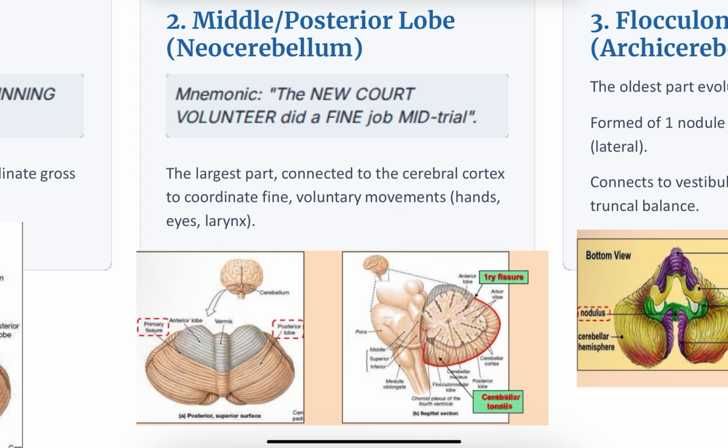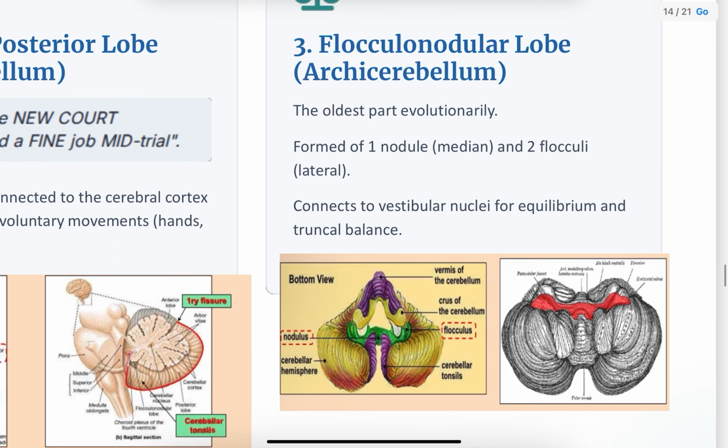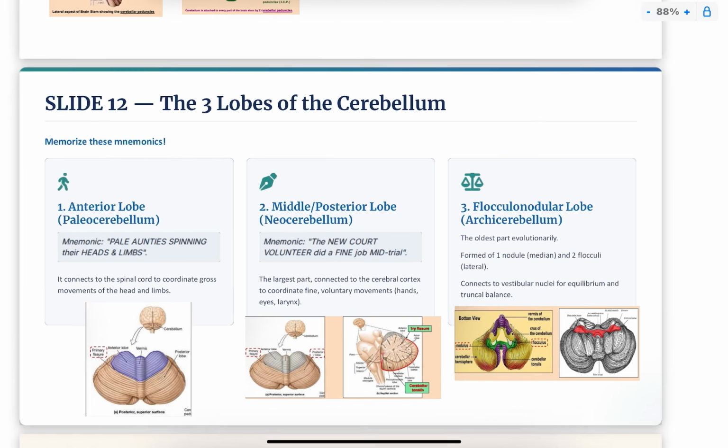And then the flocculonodular lobe, the oldest one: one nodule medially and two folliculi laterally, associated with the vestibular nuclei for balance.